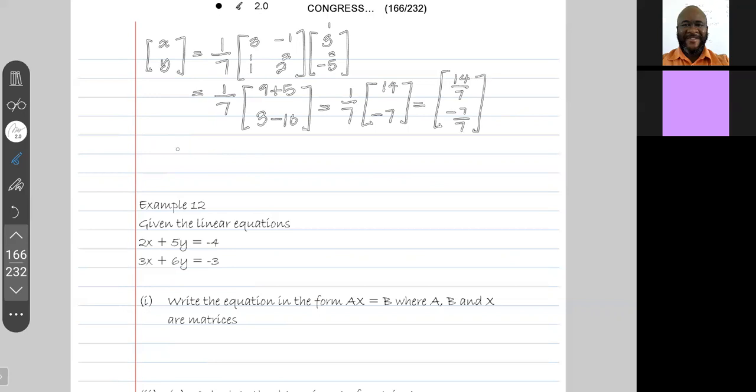So what we have is that the matrix XY is equal to 2, minus 1. Therefore, X is equal to 2 and Y is equal to minus 1.